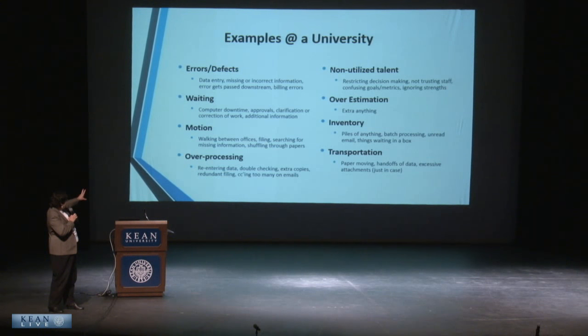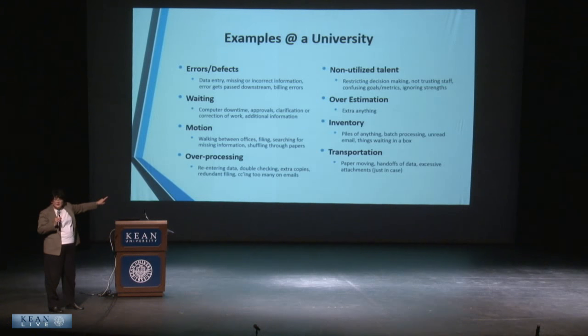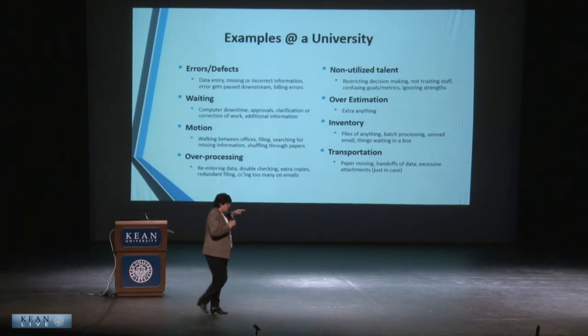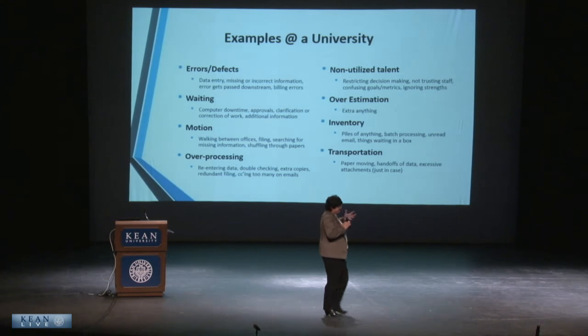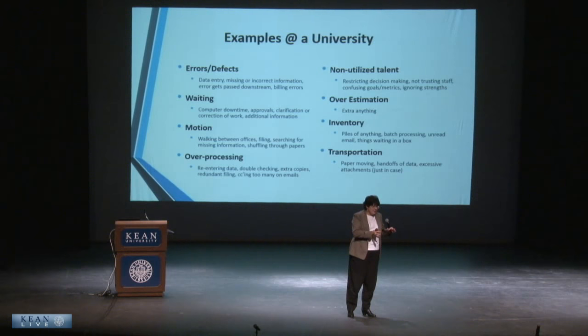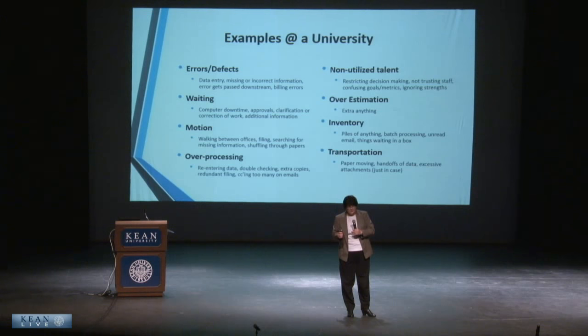Overprocessing, overestimating, inventory. Now, inventory, I'll also mention something called batch processing. I was going to include a video here on this to break it up, but wasn't sure how many folks would handle that, so I'm just going to briefly talk about it. Batch processing is where you have, let's say you're doing a mailing to prospective students. Here's your mailing list, here's all your letters, here's all your envelopes.